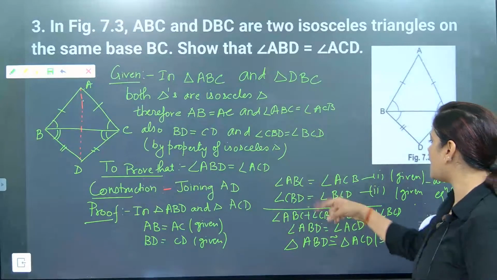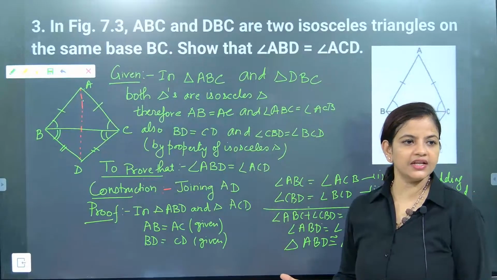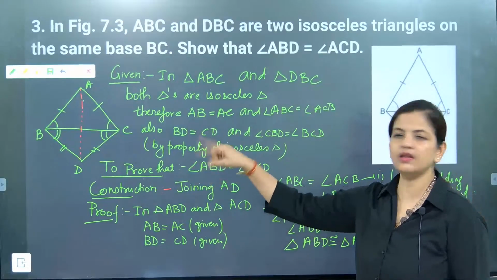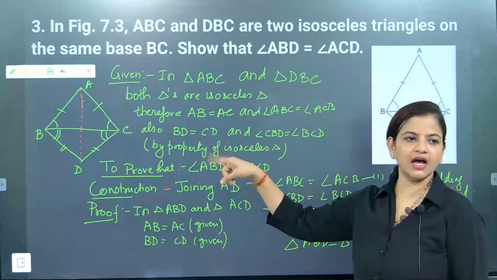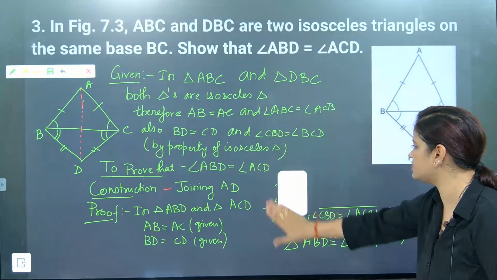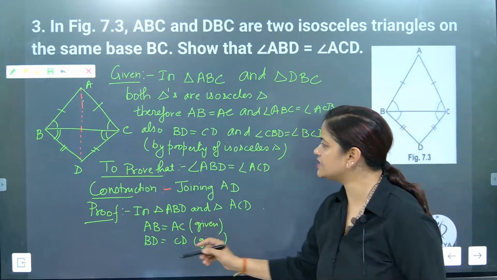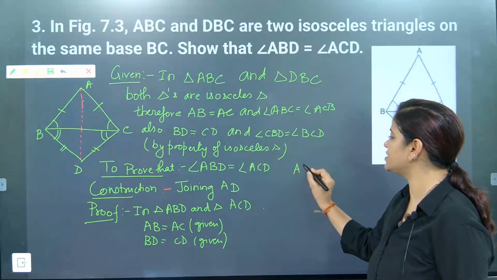No. Then we can't take this one, because by CPCT we need to prove. If you are taking that triangle, then we can't take it. After that, we will write that with the side we can prove. So a little bit of change we need to do. So this is given. Now you write AD is equal to AD, common.